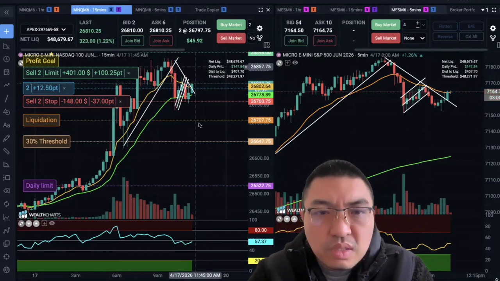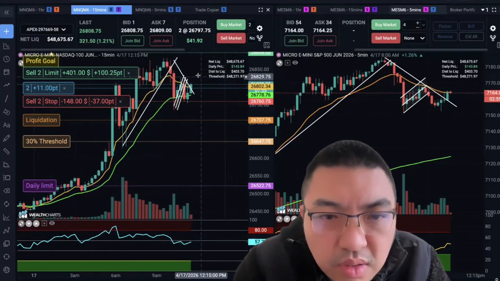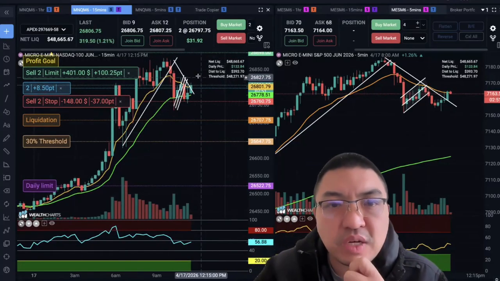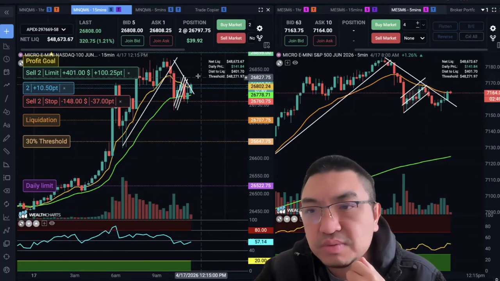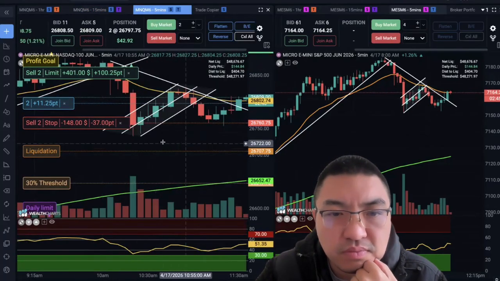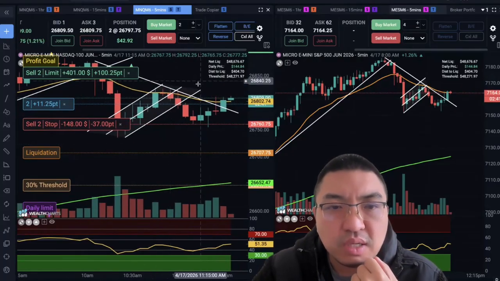We'll see. Where's the neckline? Oh, neckline is here. No, we still get rejected. See? Still gets rejected. Neckline is here. Let's see how it goes.